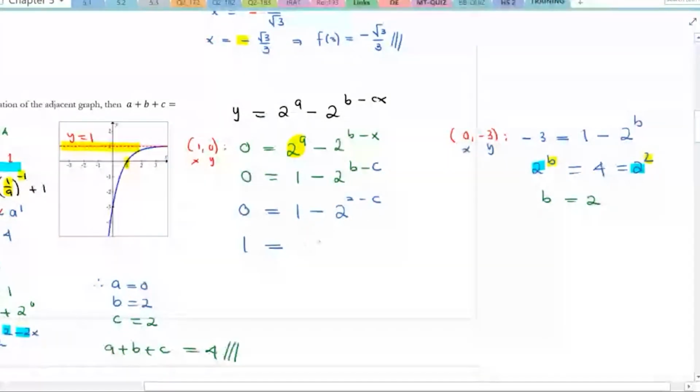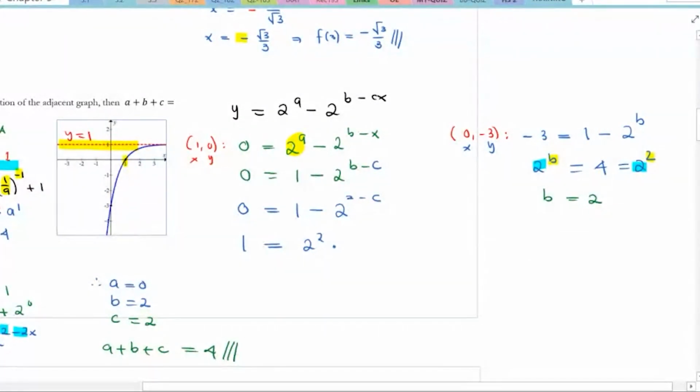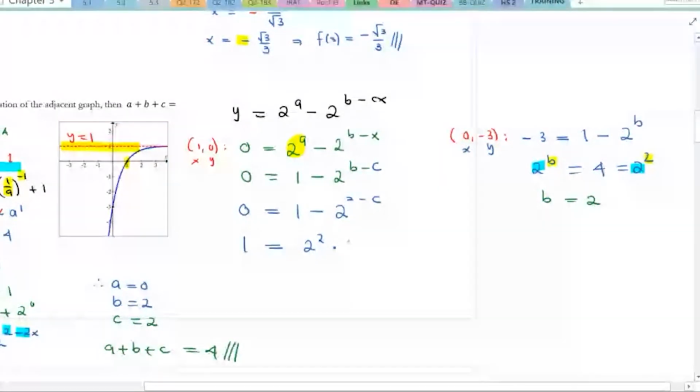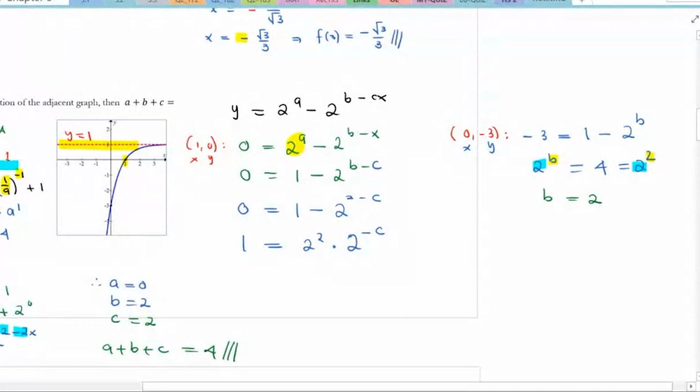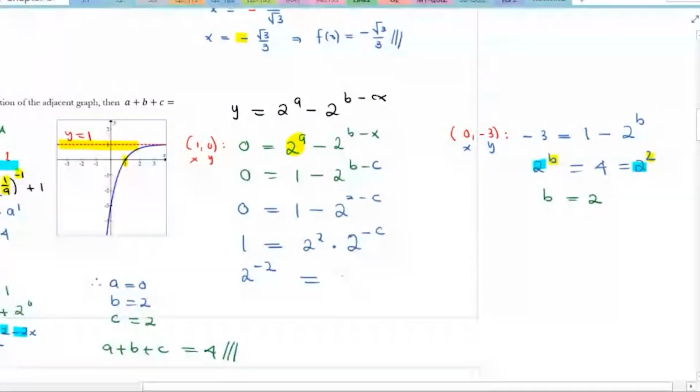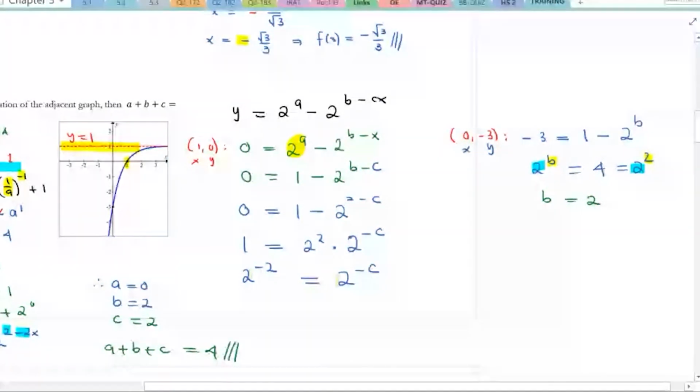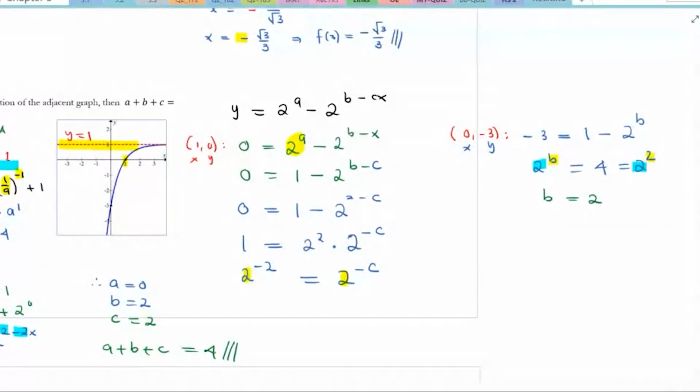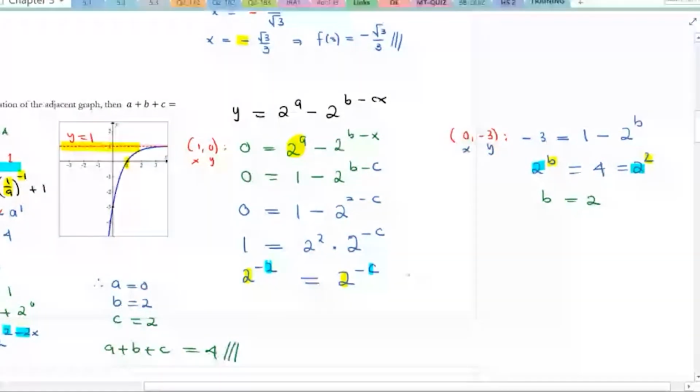This is going to be 2 to the power of 2 multiplied by 2 to the power of minus c. Now, divide both sides by 2 to the power of 2. This gives you 2 to the power of minus 2, which is equal to 2 to the power of minus c. Because the base is the same, the power should also be the same. So that means c, again, is equal to 2.